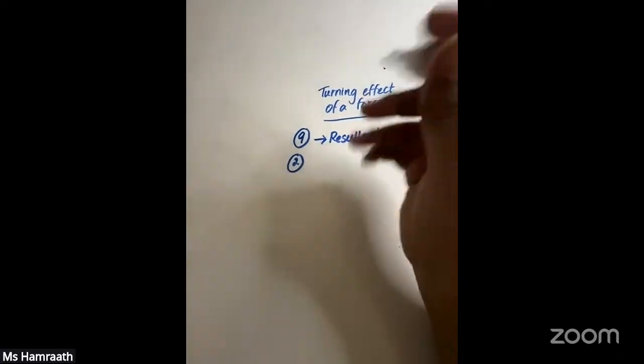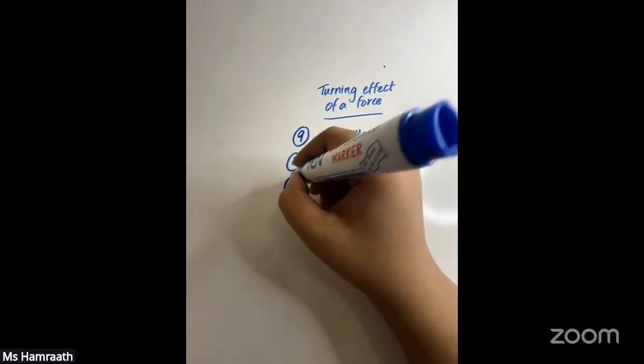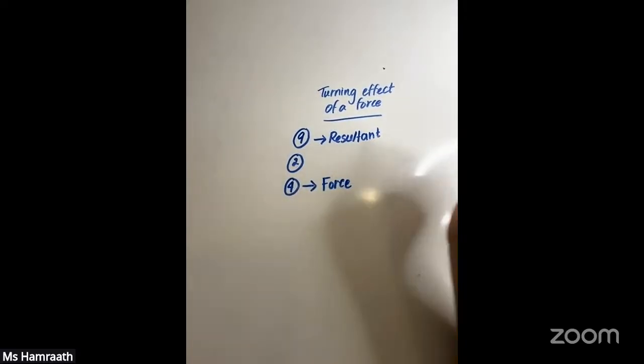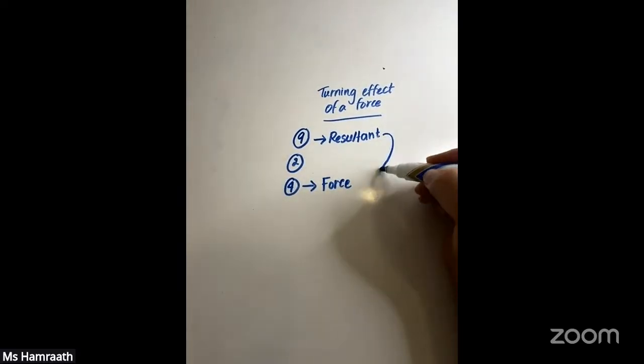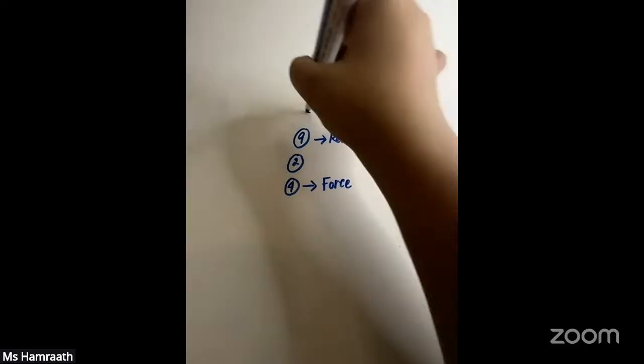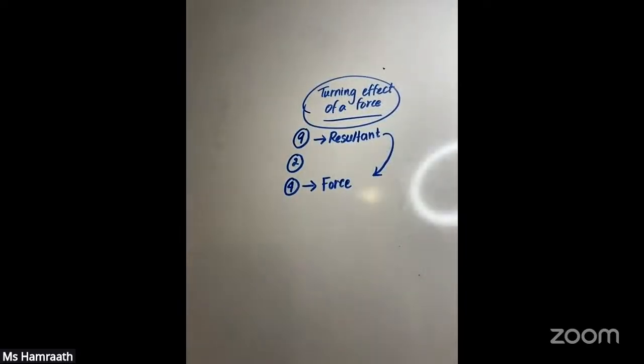You should also have an idea about the lesson on force, where we studied Newton's laws. Combine both of them and you will get an idea of the turning effect of a force.